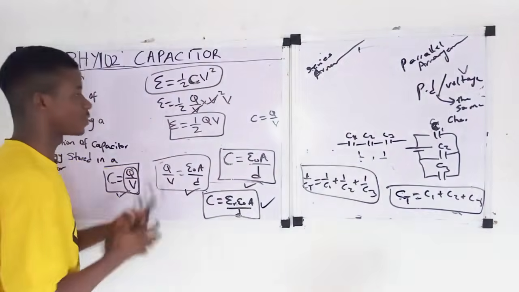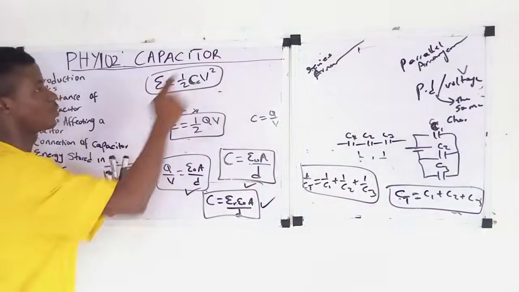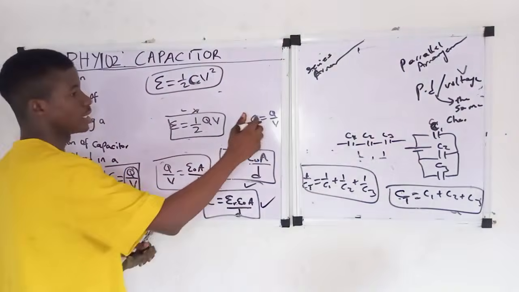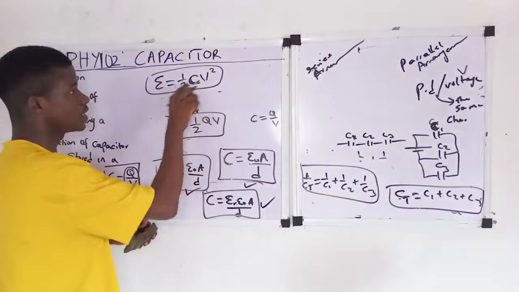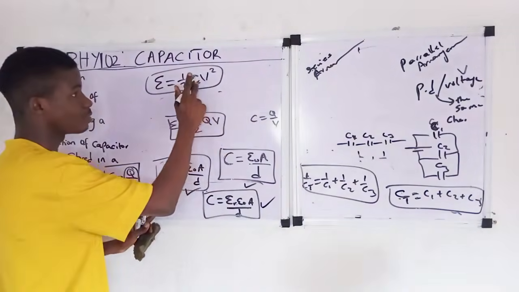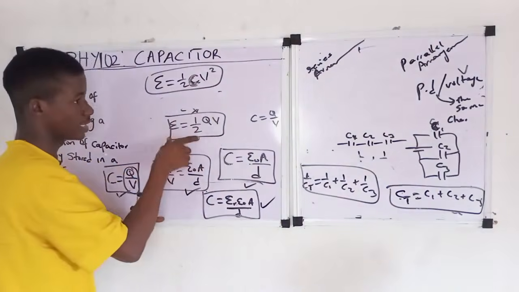Then let's get the last one. Let's make V stand alone. Remember, for the first one, C is equal to Q over V, and when we replace C with Q over V we get this.